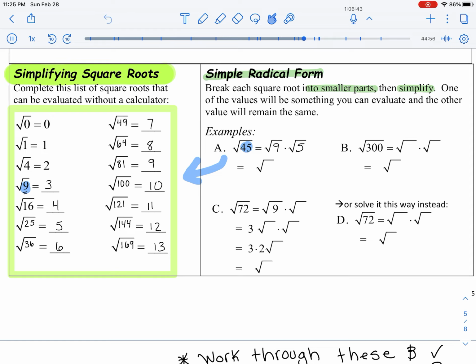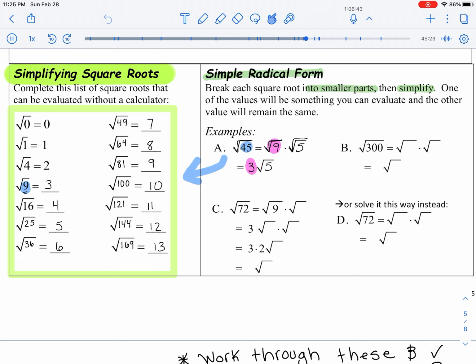Since 45 is 9 times 5, that means that the square root of 45 equals the square root of 9 times the square root of 5. Now we know from our chart that the square root of 9 is the whole number 3, and I keep my square root of 5 because that cannot be simplified any further.